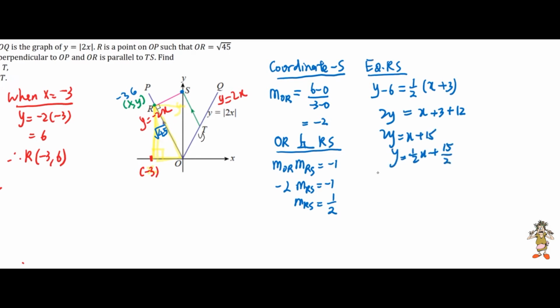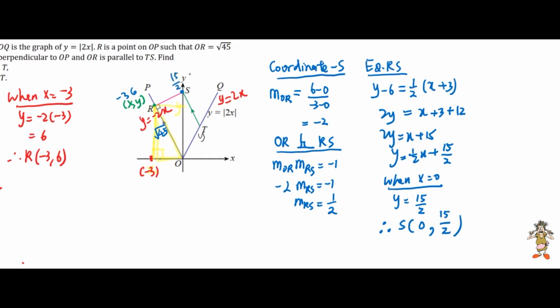For coordinate S, the x coordinate of S is 0. So when x equals 0, y equals 15 over 2. Therefore, our coordinate S is 0, 15 over 2.